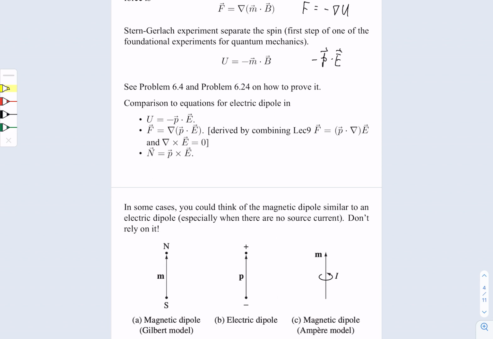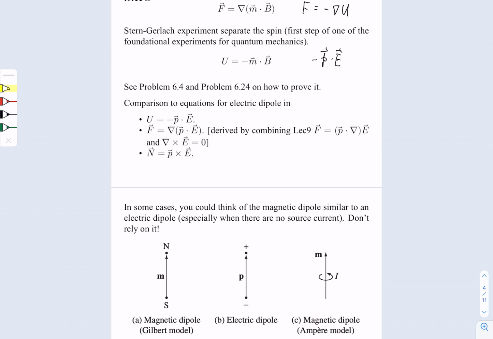So for these unfilled electron shell orbitals, the magnetic dipole will try to align with the external magnetic field. This case is similar to polarized materials in an electric field, and this explains the paramagnetic materials.